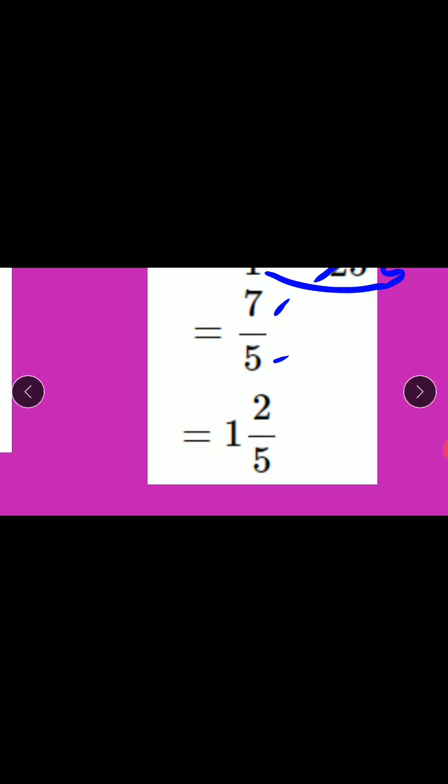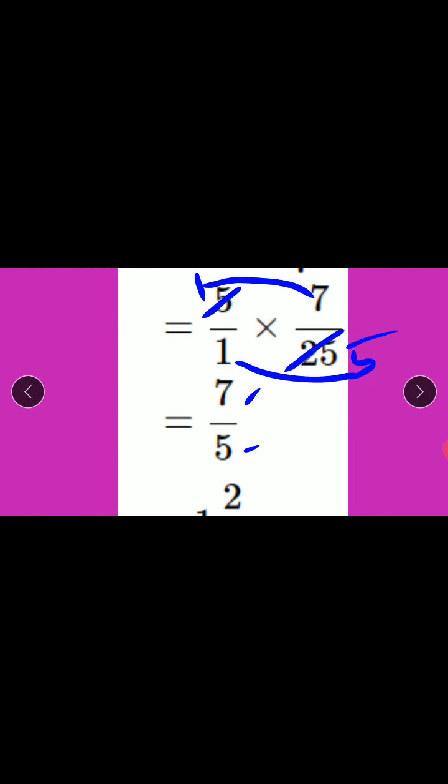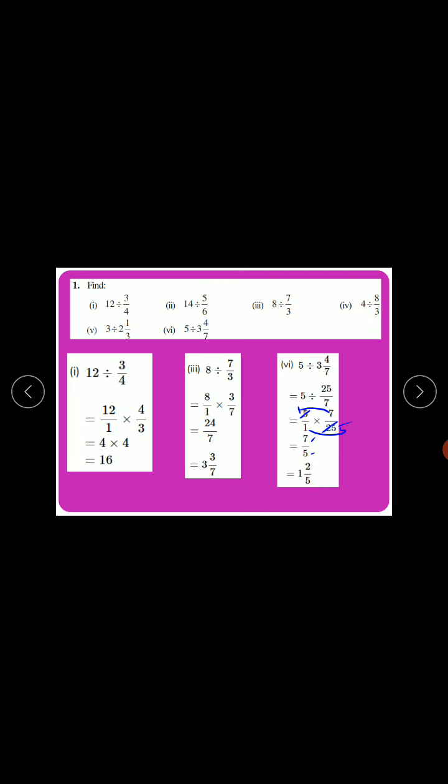So in 7, how many times 5? 1 time 5. And the remainder, in 7, what is the remainder? 5 ones are 5, the remainder is 2. That becomes the numerator and the same denominator. 1 and 2/5 is the answer. So like this only we can find the answer to divide a whole number by a fraction.